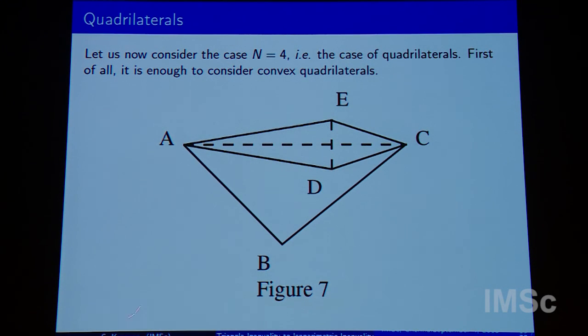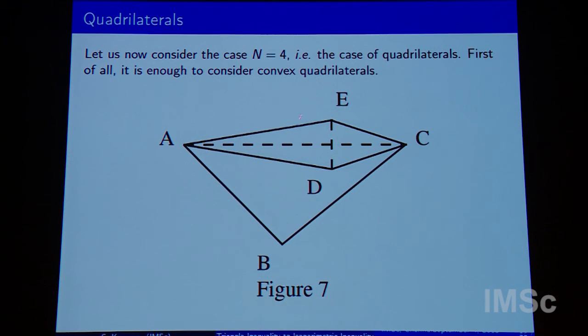Okay. First of all, it is enough to have convex quadrilaterals, because suppose I have a dented quadrilateral like this, A, B, C, D, then I just take a reflection of these two sides on this line. So I get a new quadrilateral ABCE. Now the perimeter of ABCD and ABCE are the same because AB and BC are common.